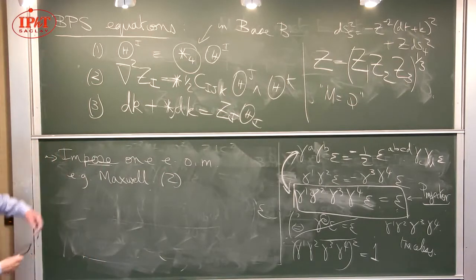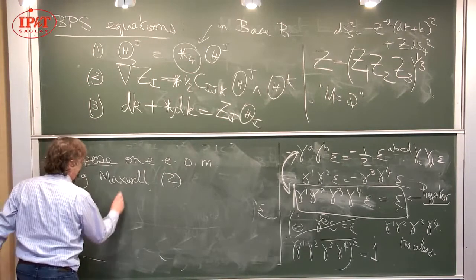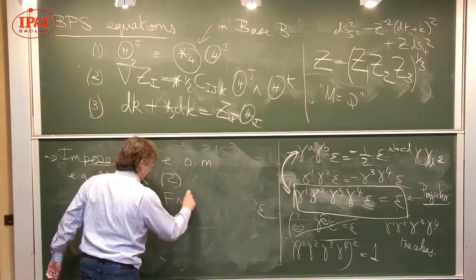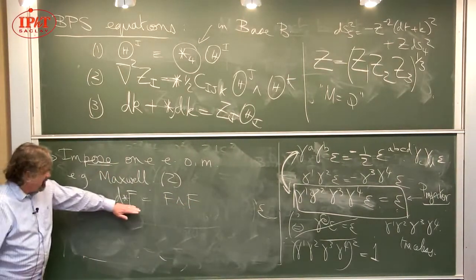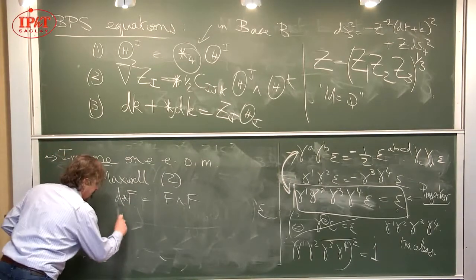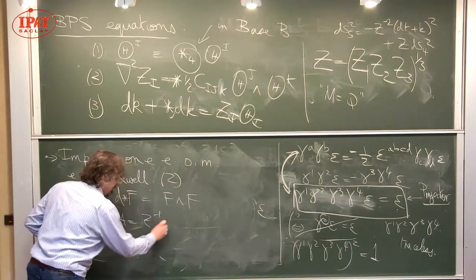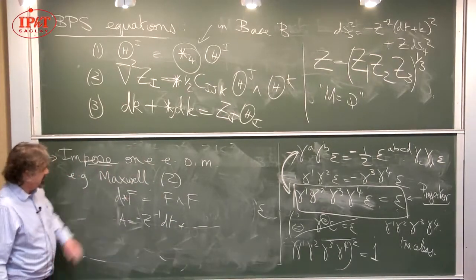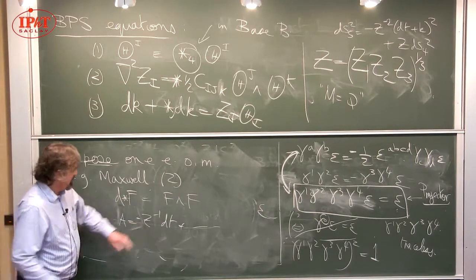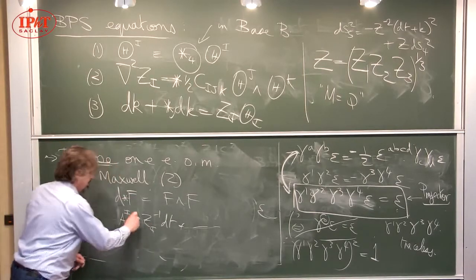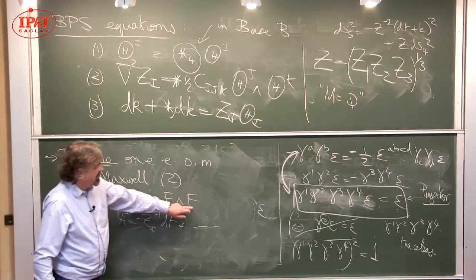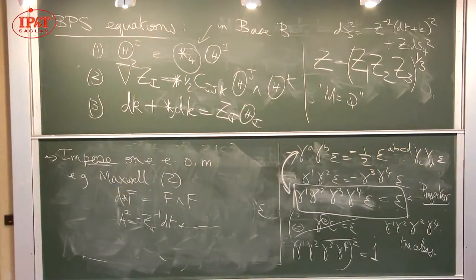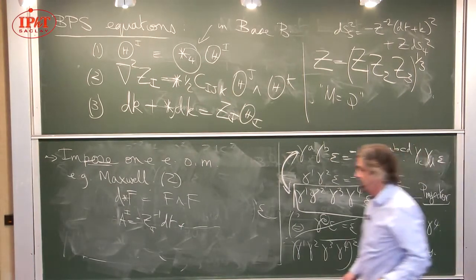It's simply the electrostatic part of the Maxwell equation. It comes from the statement that d star of F is equal to F wedge F. If you take the electric component, remember A is morally Z to the minus 1 dt, then this gives you essentially the Laplacian on the Z's. And then the right-hand side is the Maxwell component, but that's just the fluxes. So basically, the second equation is simply porting part of the Maxwell equation straight into this.